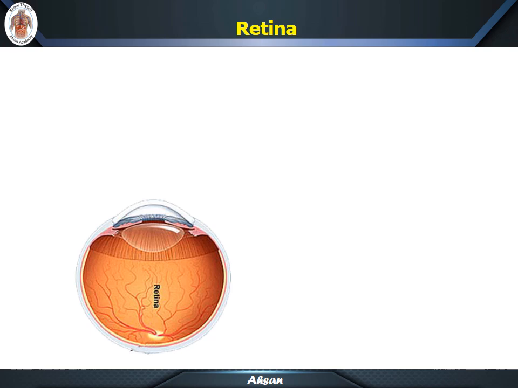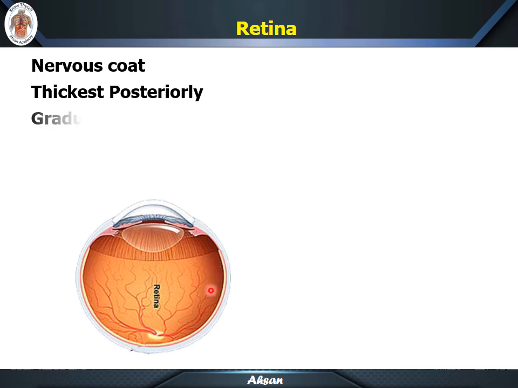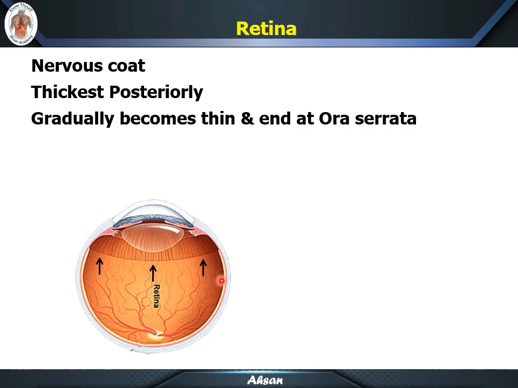Retina is the innermost coat, and it is the nervous coat, and you can see this is covering more than a half. Two-third area is covered. This nervous layer is sensitive to photo reflections, and this is the thicker part, but it gradually becomes thinner and becomes non-nervous at the margin.